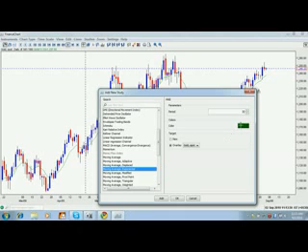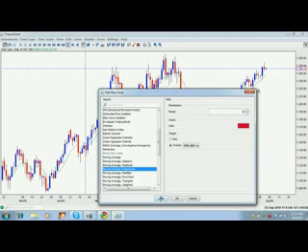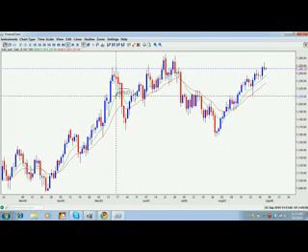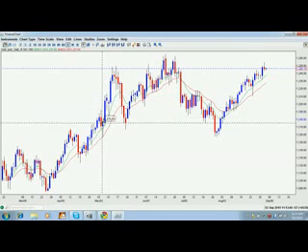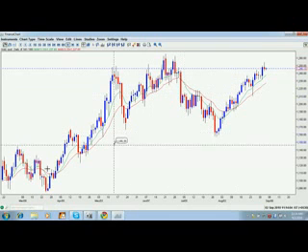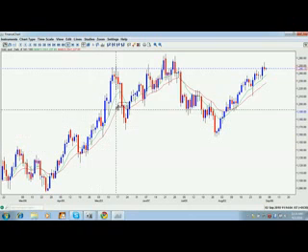We'll change the color here to a darker color, a brown color, and let us put that also. Now what you have is two moving averages. The green line represents the 10 days moving average, whereas the brown line which we just added represents the 20 days moving average.